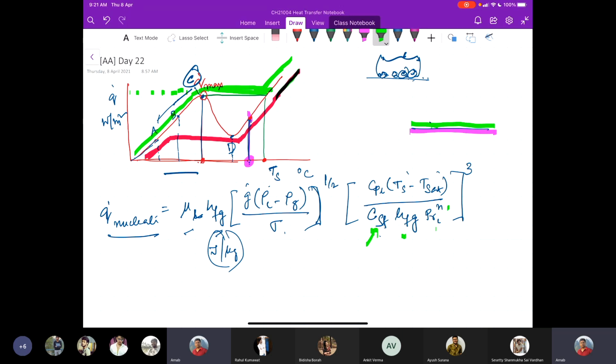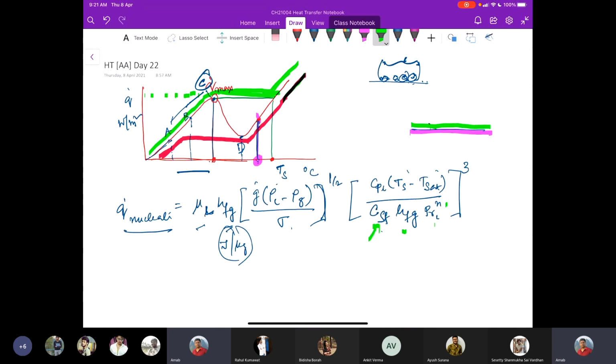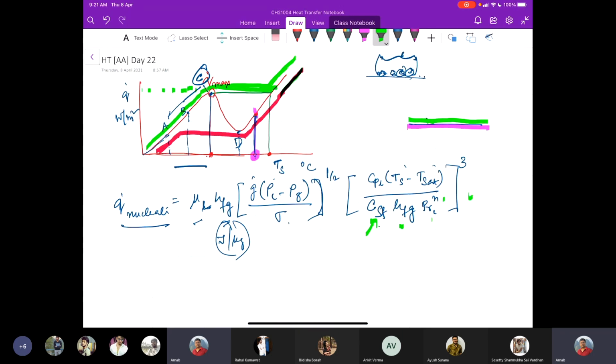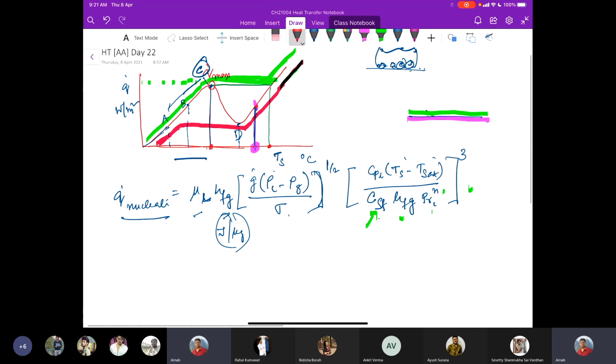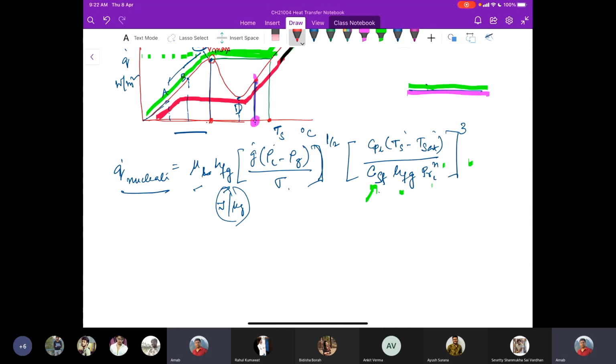Now, the point is, you have to also understand that I calculate the heat flux for nucleate boiling. That is fine. But what about the peak heat flux or the maximum heat flux that I can achieve? Now that also can be estimated based on certain correlations.